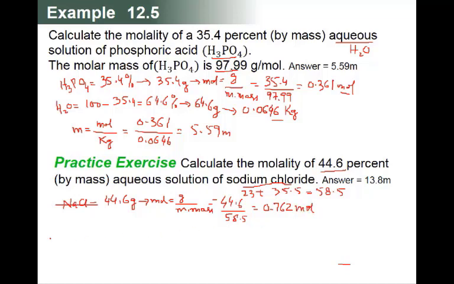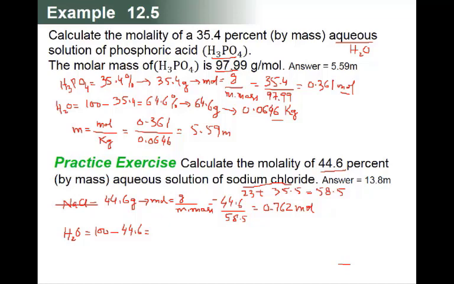Now regarding water, so we say water here, H2O, is equal to 100 minus, total is 100, so 100 minus 44.6 is sodium chloride, so total minus sodium chloride will give you the water.